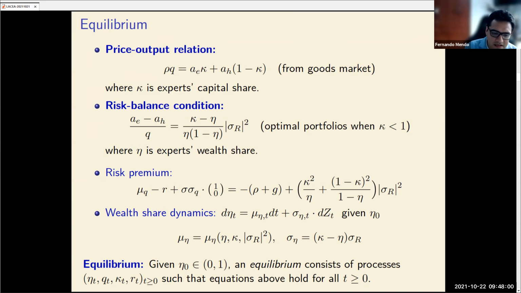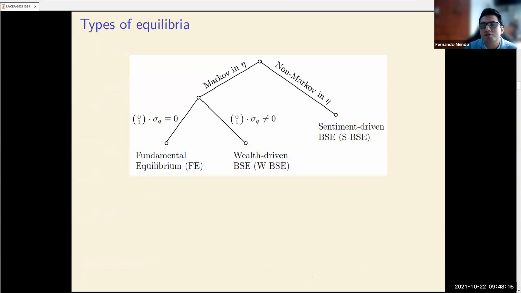So an equilibrium is, given some initial wealth share, a process for prices, which are Q and r, and an allocation, which is this kappa, such that all the equations above hold, and that's the entire equilibrium.